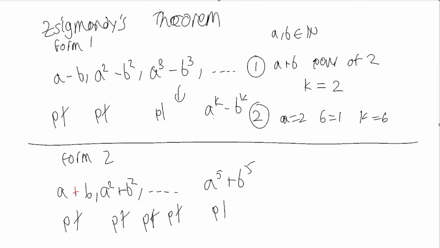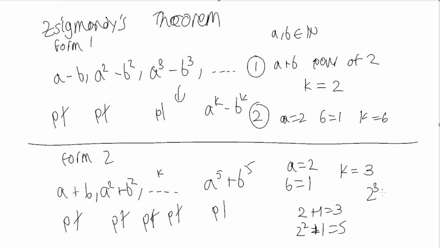And this holds for all positive integers a and b, and the exponent k here, unless we have a equals 2, b equals 1, and k equals 3. Because then we have 2 plus 1 is 3, 2 squared plus 1 is equal to 5, 2 cubed plus 1 is 9, which is 3 squared, and the 3 was already covered here. And it always holds in the other cases.